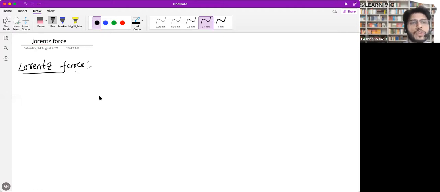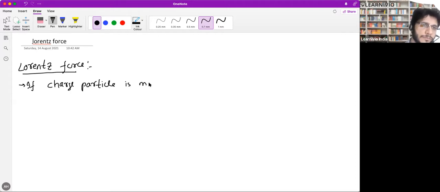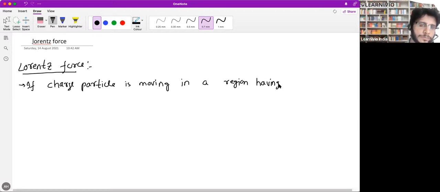Now, for Lorentz force, we have both electric as well as magnetic field. So if a charged particle is moving in a region having both electric and magnetic field, it may experience both electric and magnetic force.